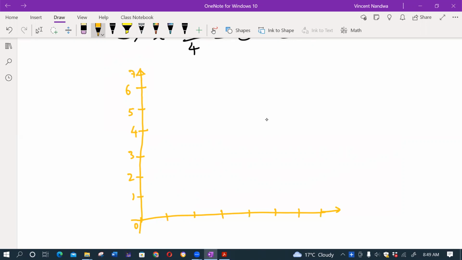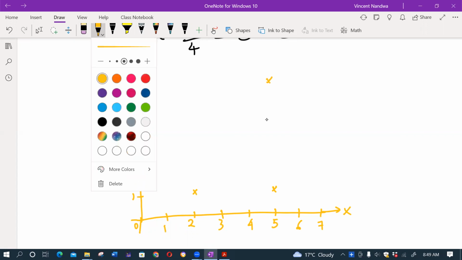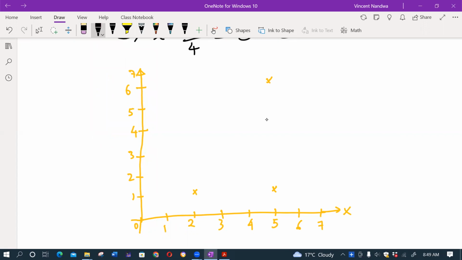Let's say 7. This is x. This is where point A was given, this is where point B was given, and this is where point C was given. So this is A, this is B, and this is C.